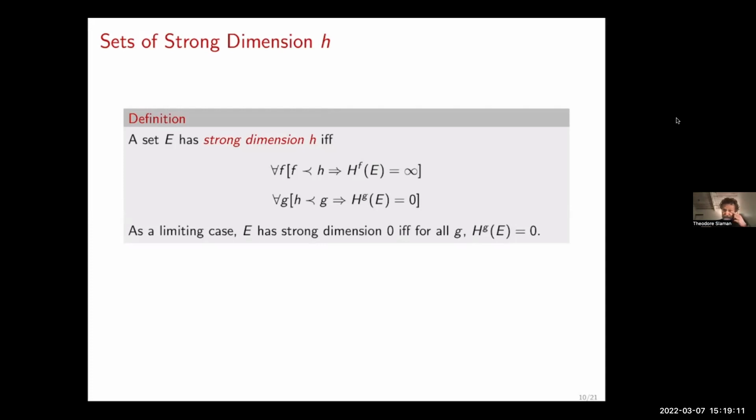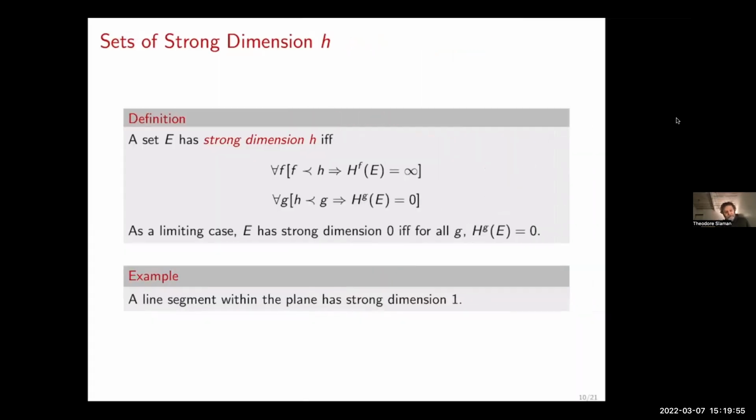So strong dimension H is a generalization of having Hausdorff dimension S. It would not talk about arbitrary gauge functions, but only the gauge functions that come from exponentiation. And then a limiting case is E has strong dimension 0 if and only if for all G, HG of E is equal to 0. So there is no gauge function that corresponds to 0. So it's a limiting case.